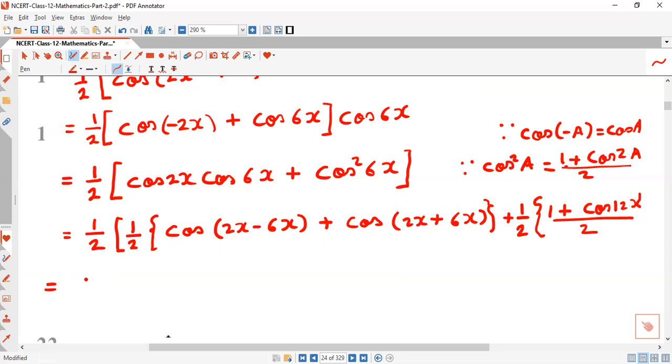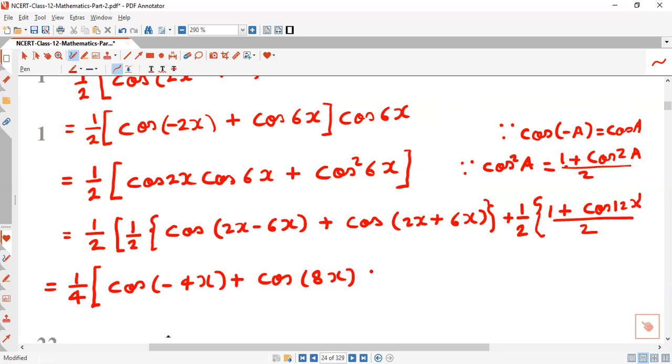1 by 2 into 1 by 2, it becomes 1 by 4. And the first part, cos of minus 4x plus cos of 8x.